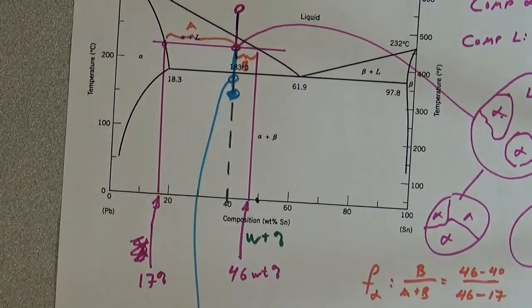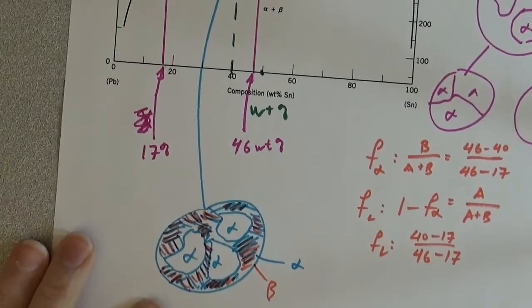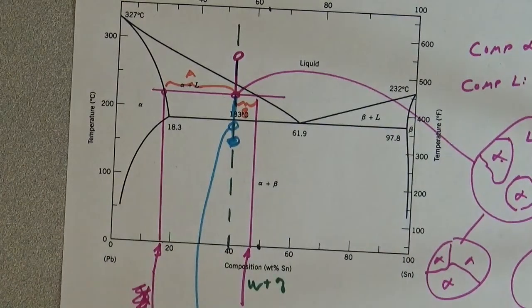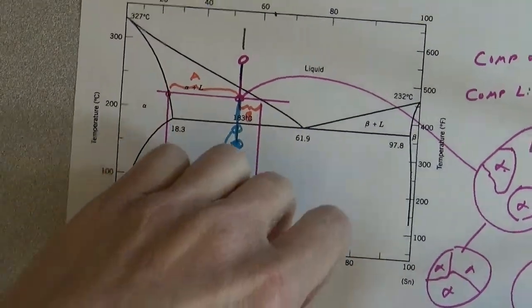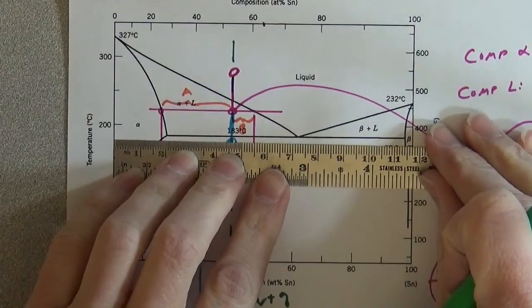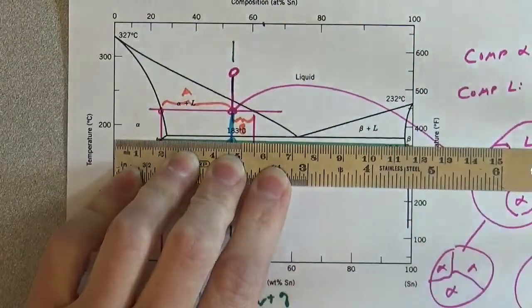So we can ask ourselves, what is the phase fraction of alpha and beta? Because we're in the two-phase region, we can get this from drawing a tie line again. All right, there it is.